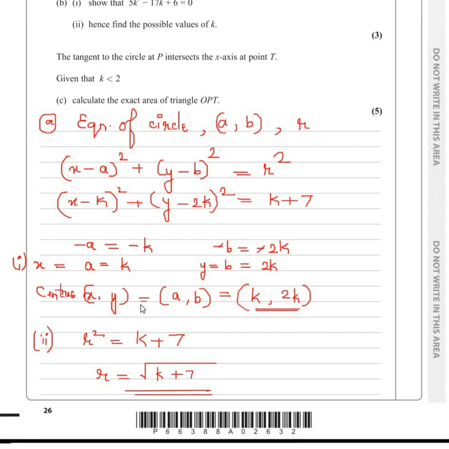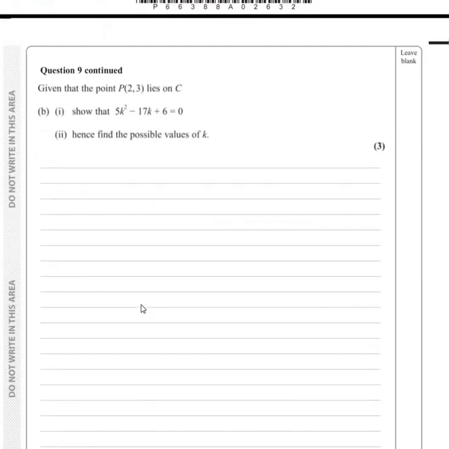Now let us see what is given in part B. Given that the point P (2, 3) lies on C, show that 5k squared minus 17k plus 6 is equal to 0.